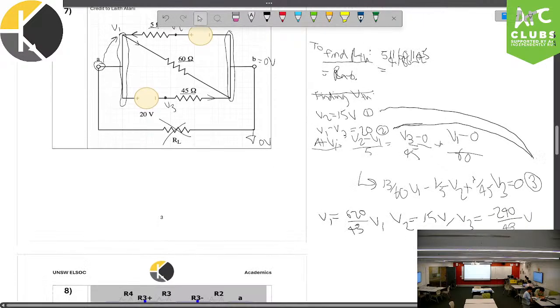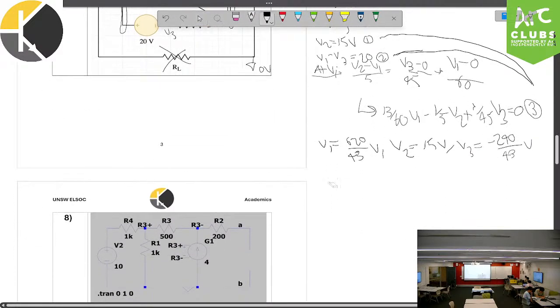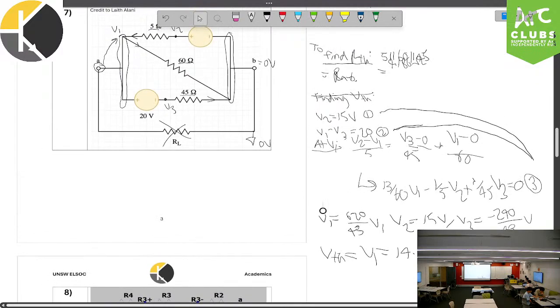So we can just say that VTH is equal to V1, and that's equal to 620 over 43, which is just 14.42. So that's the first part of this question, which is finding RTH and VTH.